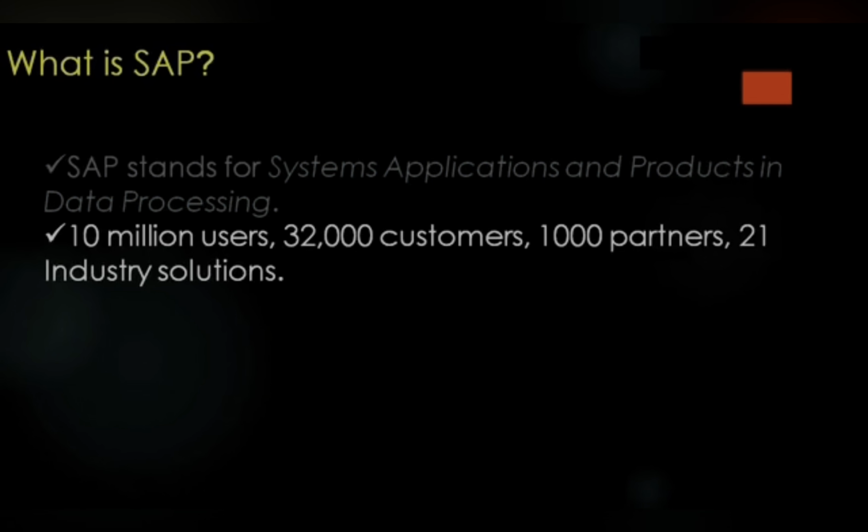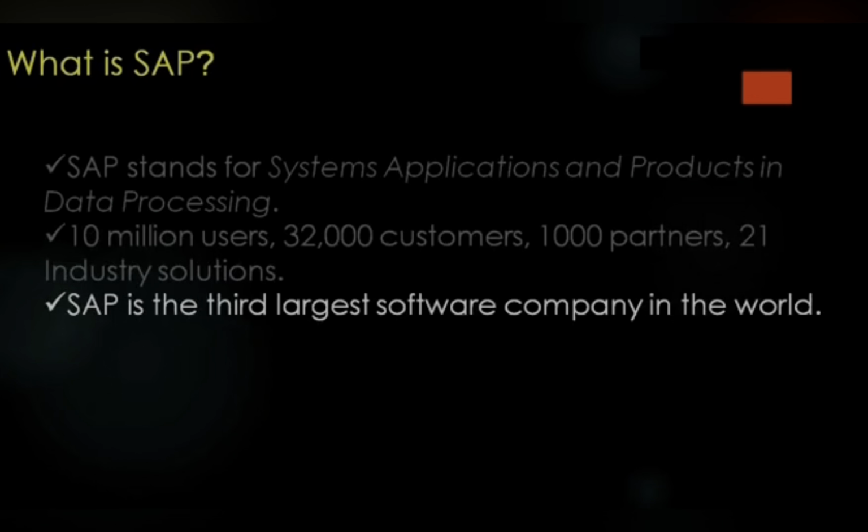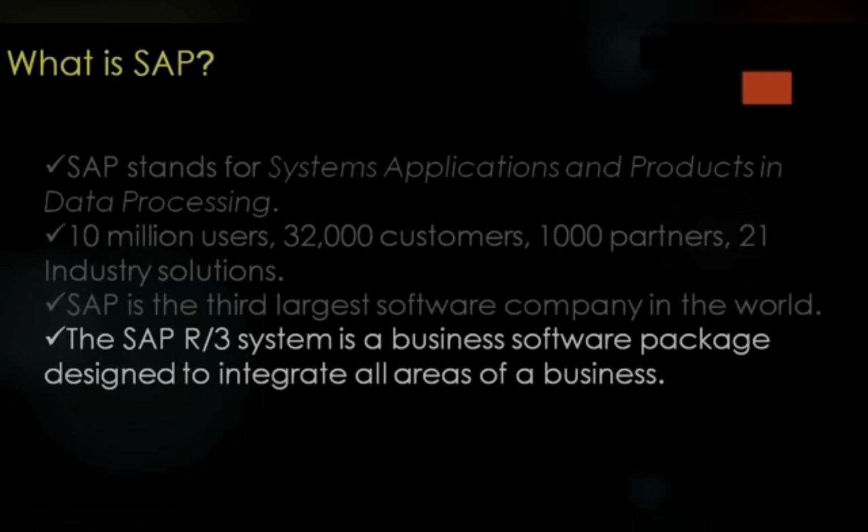All over the world, we got about 10 million users, 32,000 customers, 1,000 partners, and 21 industry solutions. SAP is the third largest software company in the world as of today. The SAP R3 system is a business software package designed to integrate all areas of a business.